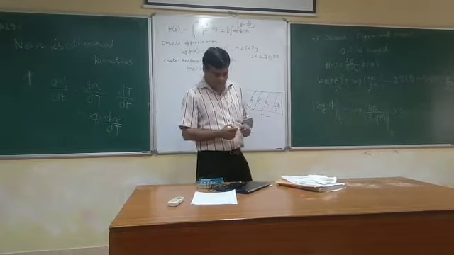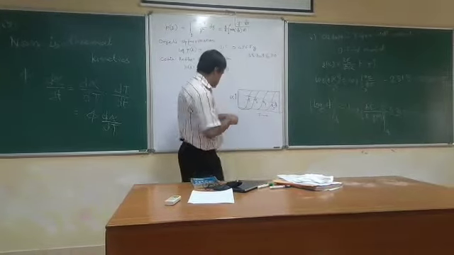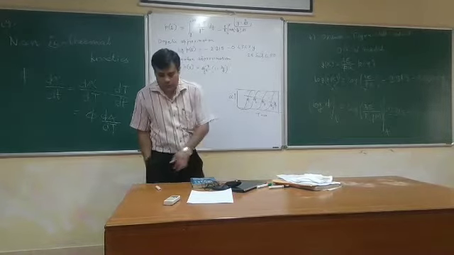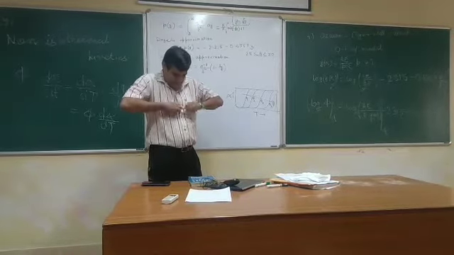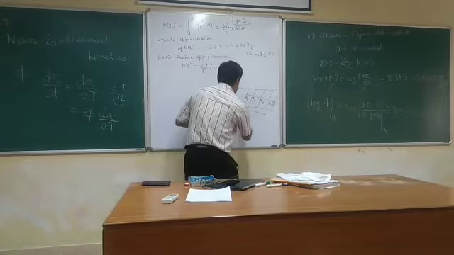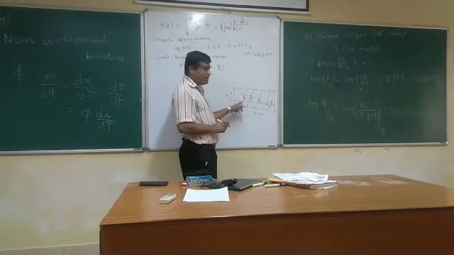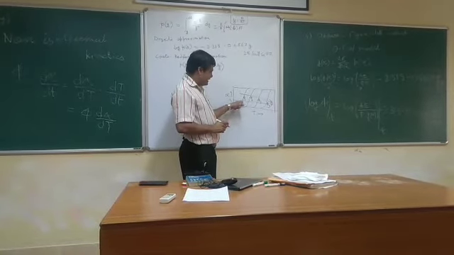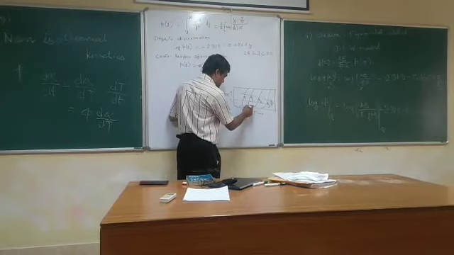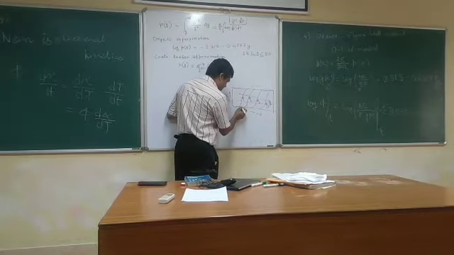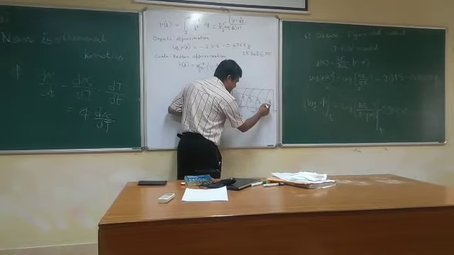So for a fixed value of alpha, say alpha 1, you find out for each heating rate what the corresponding temperature is. So these are your T1, T2, T3, T4.